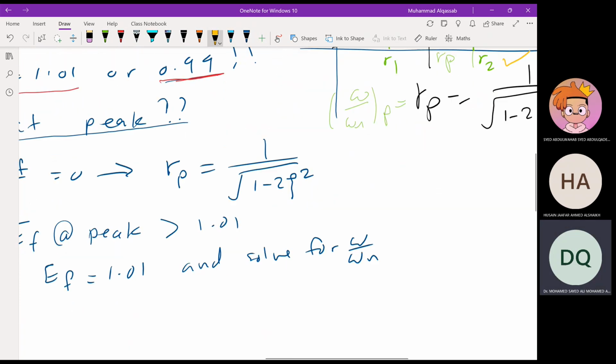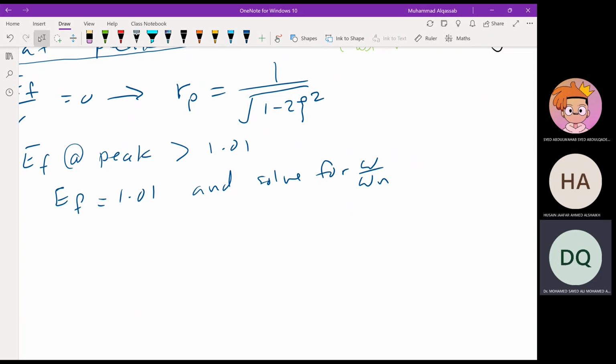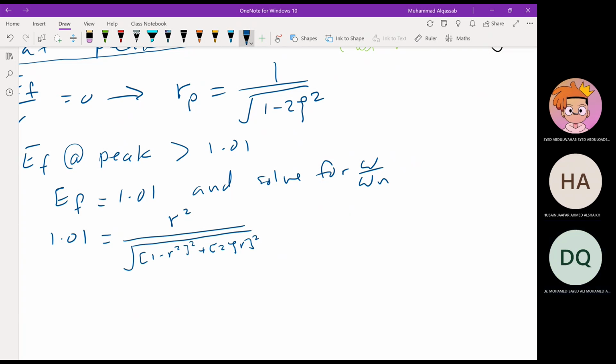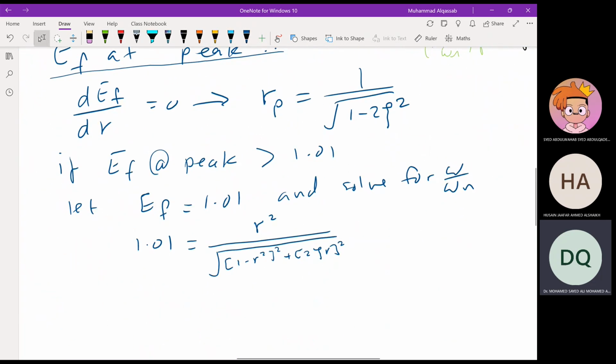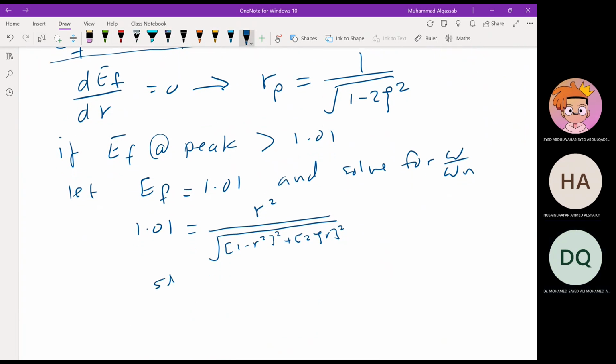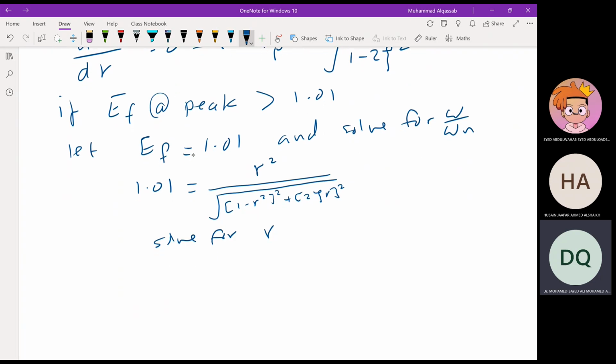Okay, so from the error factor, the equation is 1.01 equal to R squared divided by square root of 1 minus R squared, all squared, plus 2 zeta R squared. And zeta is known, 0.6 for this example. Then you can solve for R. And there will be two values, R1 and R2.